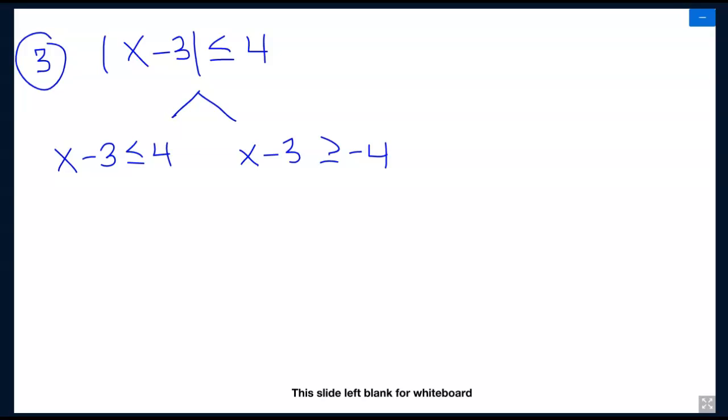And then we're going to solve. So we add 3 to both sides. And we get x less than or equal to 7 and x greater than or equal to negative 1.